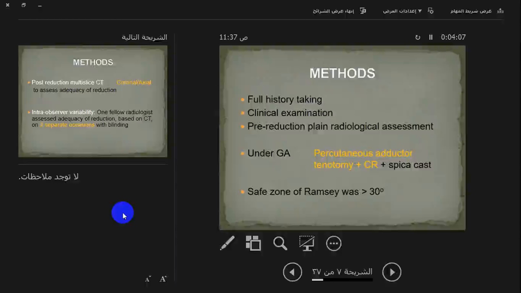And we actually did measure the safe zone of Ramsey on table, and it was more than 30 degrees. So you would reduce it at 50 degrees of abduction, and you would go to 20 until it dislocates, or maybe more in some patients. At least it was 30 or more.